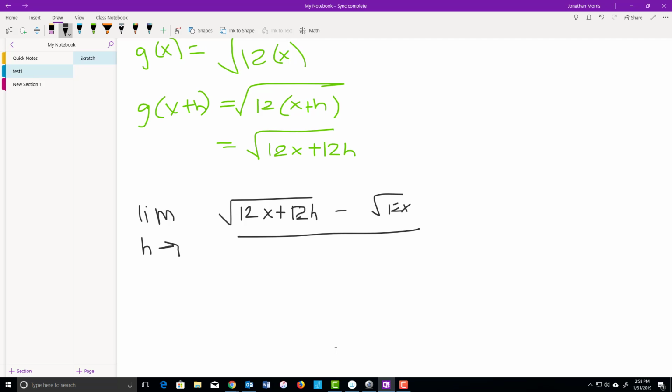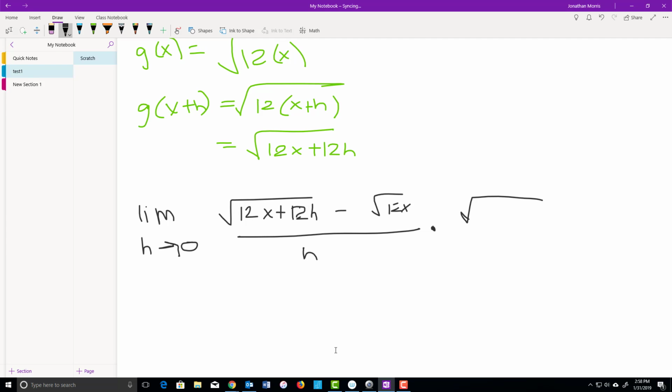all over h. Now, the limit is as h is approaching 0. If I plugged in 0 right now, I would get an indeterminate form. I don't want to deal with that, so I'm going to keep working and reduce this somehow. A lot of times when you get an indeterminate form, you can factor, but in this case I'm going to multiply by the conjugate of what's ugly.